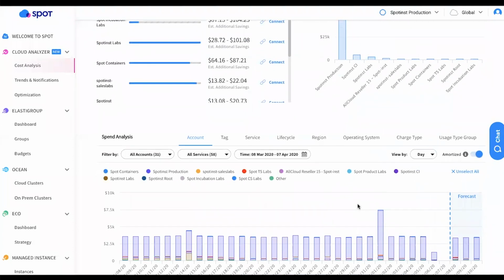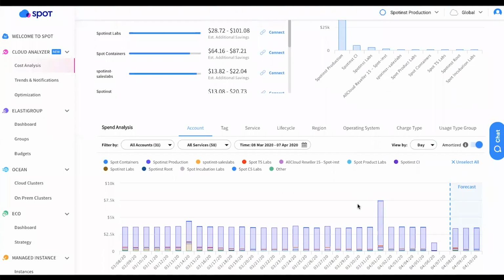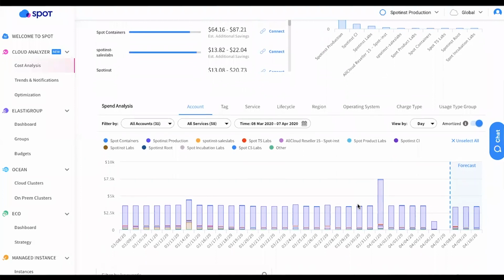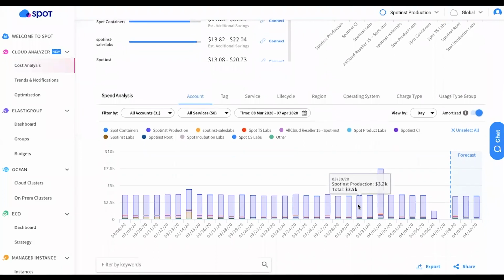Now, if you want to get into a lot more detail of what exactly is going on, who is spending what, how much they're spending, what are they spending on, then you come down here to the spend analysis. And what you can see is that there are various ways to break this data down. At the top level, you have these groupings: accounts, tags, services, life cycle, usage type group.